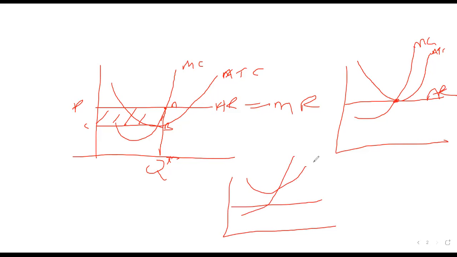The average total cost is now on top. The marginal cost is now here. Then profit is maximized when MR is equal to MC at this point here. Put your dot, join there. Of course, you'll not be asked to do these graphs, but I just want you to get the concept. They will make economic losses in the long run.